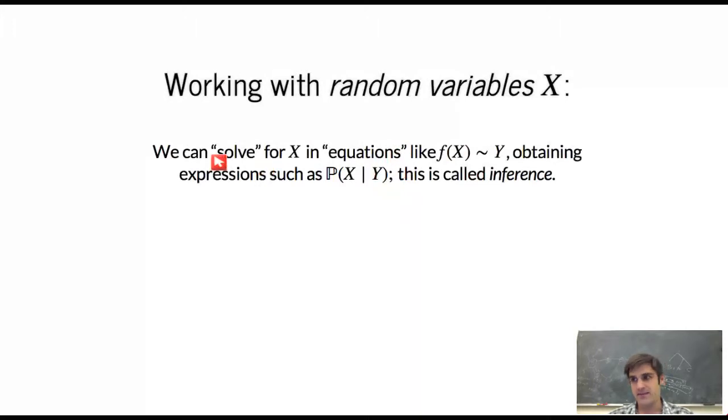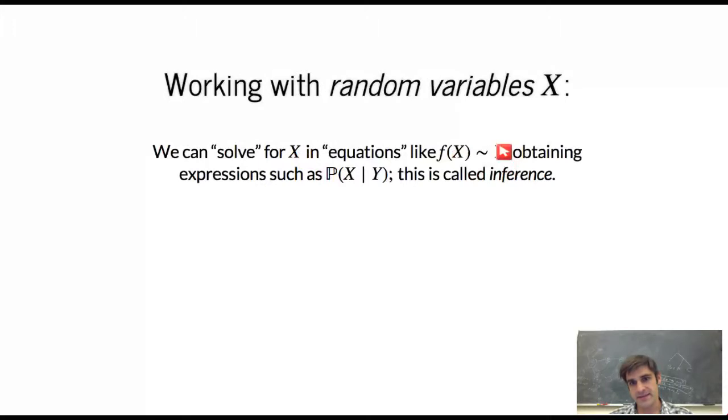So when I say solve for x, remember, big X doesn't have a single value. It has a distribution of values. So we can't just get x's value, but what we can get is the distribution of values for x. For instance, if we were flipping coins a lot, we would find out the probability of getting heads.